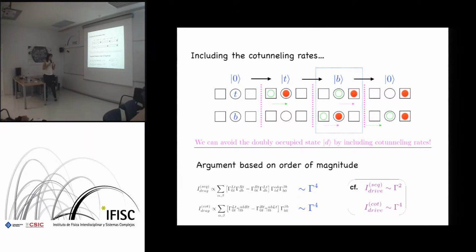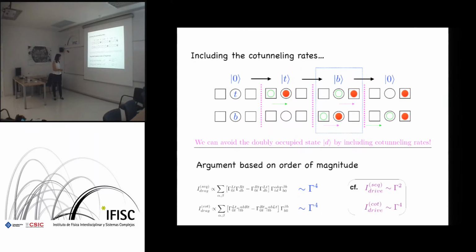I have to say that all the works that have dealt with this type of systems have always considered sequential tunneling. But indeed, the drag current, when you consider sequential or cotunneling regime, they contribute with the same factor, gamma to the 4. So then, at the end, cotunneling events need to be considered because they contribute at the same order as sequential ones.